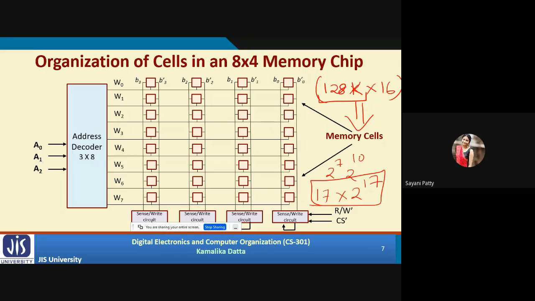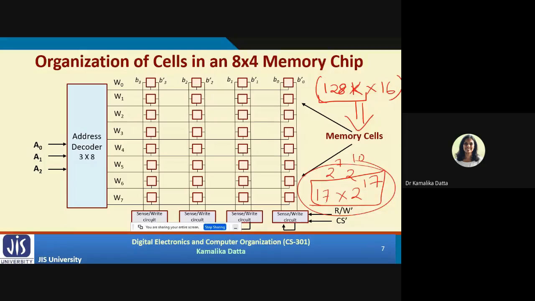But see, we never built a decoder that big, isn't it? In reality, will anyone make such a big decoder? No. That is why the memory chips are relatively reasonable in size.